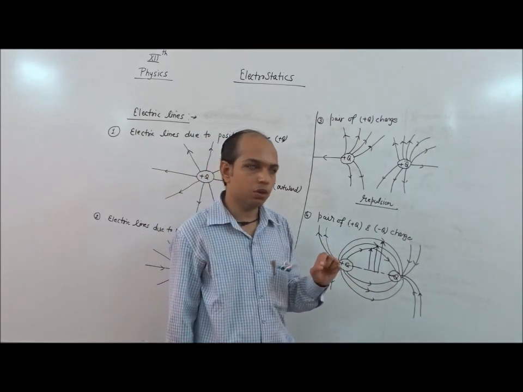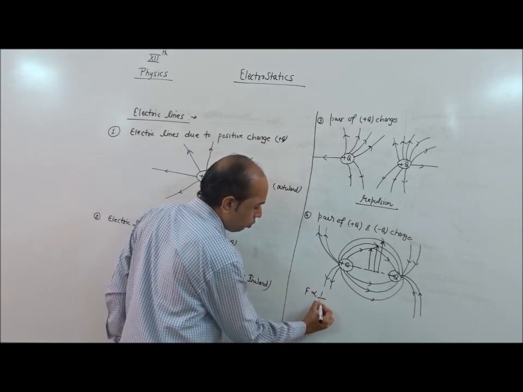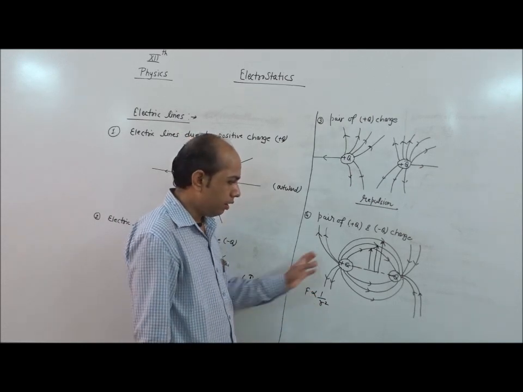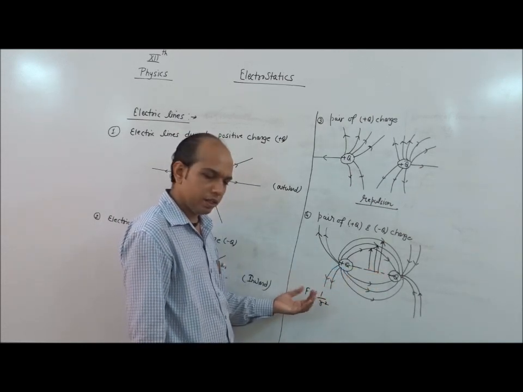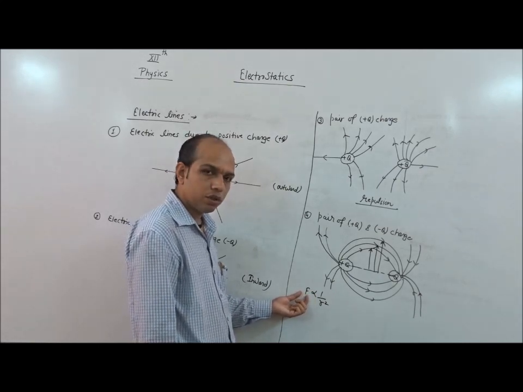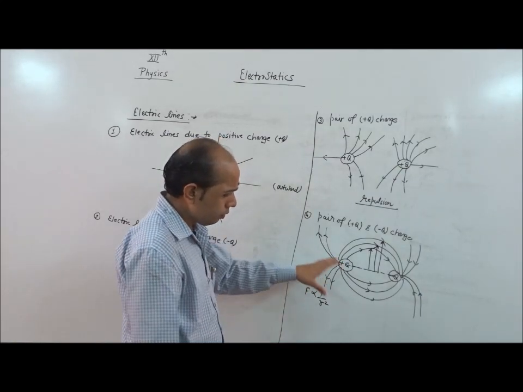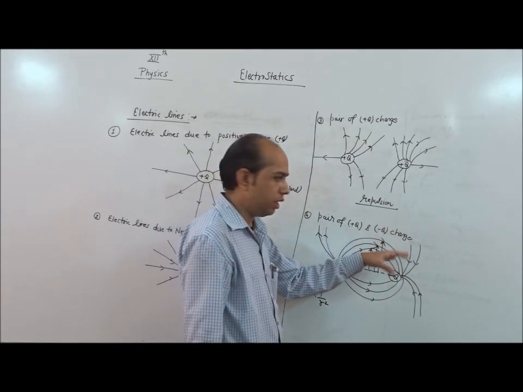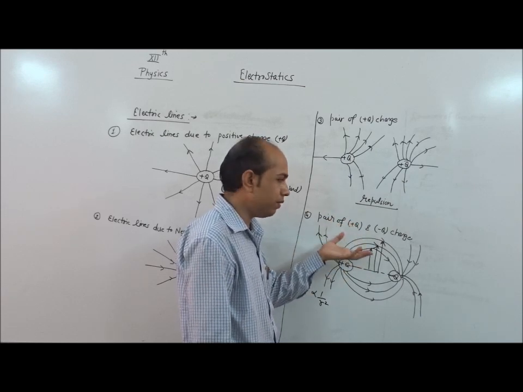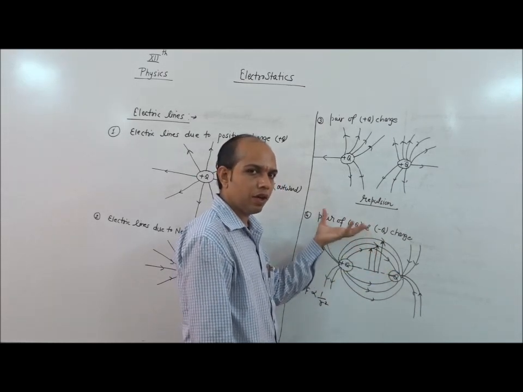As per Coulomb's law, F is proportional to 1 upon R square. That means increasing the distance between two charges decreases the force of attraction or repulsion, and these breaking lines show that their effect is less whenever we increase the distance between these charges.